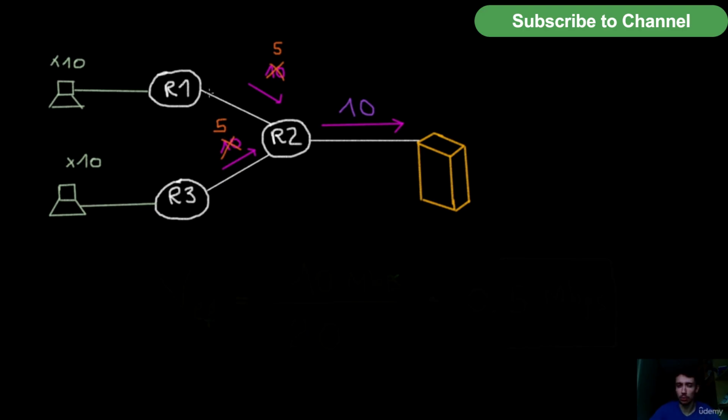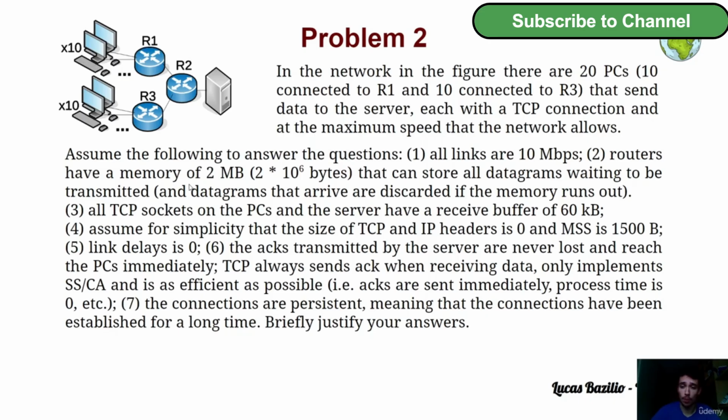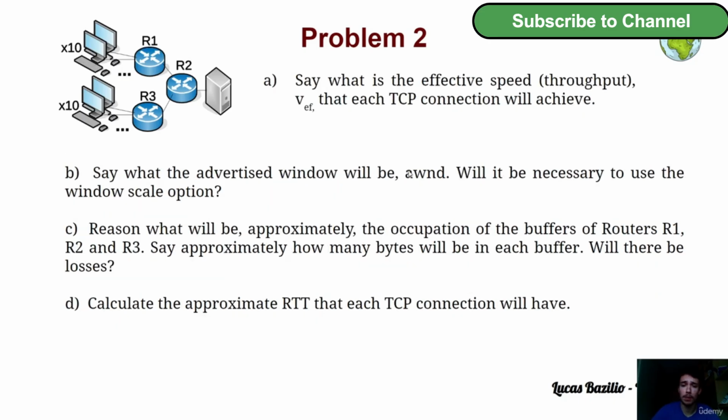But what is the total capacity that we can send? Remember that each link, all of the possible links in here, has a capacity of 10 megabits per second. But here we are only sending 5 megabits per second, right? What is important is to remember that all links are 10 megabits per second.